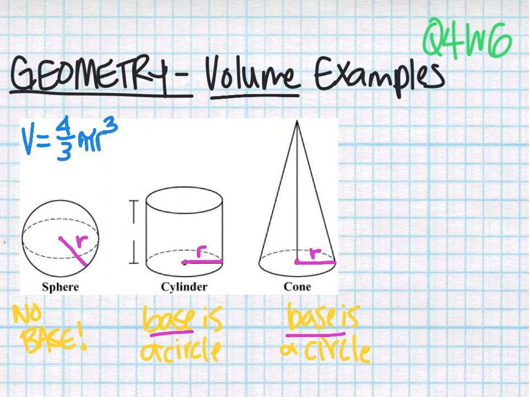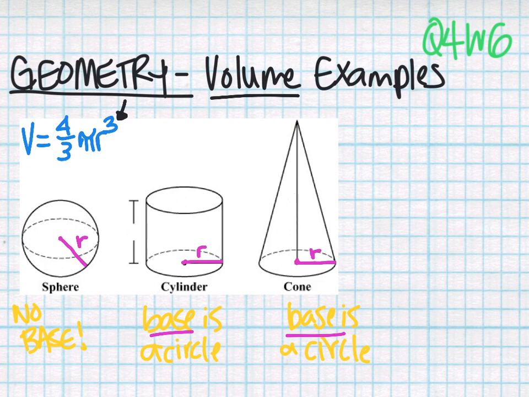Volume is something only three-dimensional shapes have. So there's going to be a cubed on our units. It might be cubic feet, it might be cubic inches, inches cubed, miles cubed, centimeters cubed.